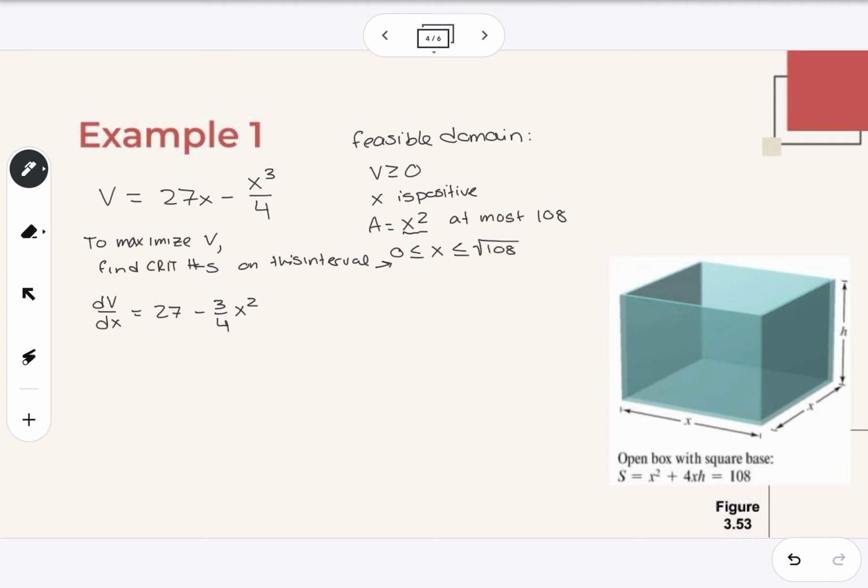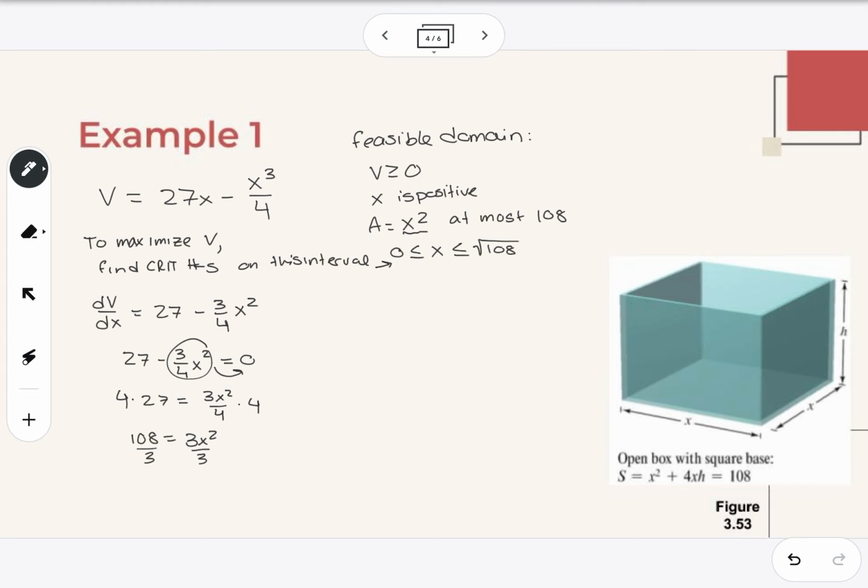To find your critical numbers, you're setting that equal to 0. So 27 minus 3/4 x squared equals 0. I'm going to move this whole term over here, right? I'm going to add that. So I get 27 equals 3x squared over 4. Multiply both sides by 4. I get 108 equals 3x squared. Divide by 3. We're just doing algebra at this point, right?